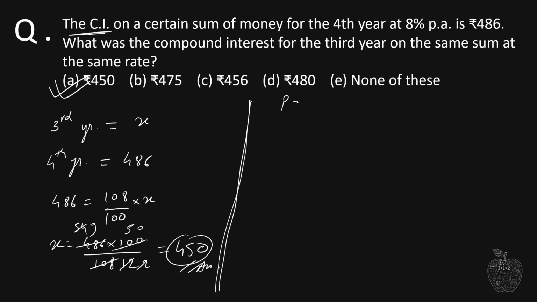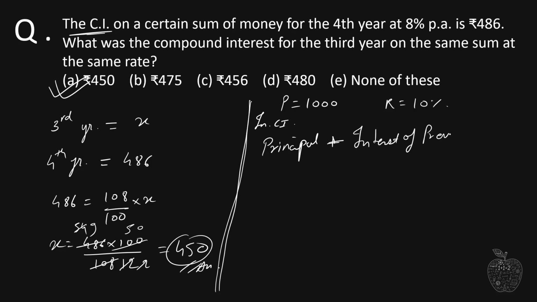Let's assume the principal is 1000 and the rate of interest is 10%. In compound interest, the basic concept is that in order to calculate the interest for the next year, we have to calculate that percent interest on the principal plus the interest of all the previous years.